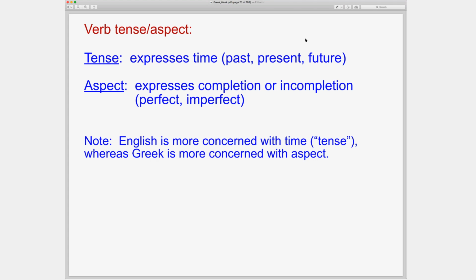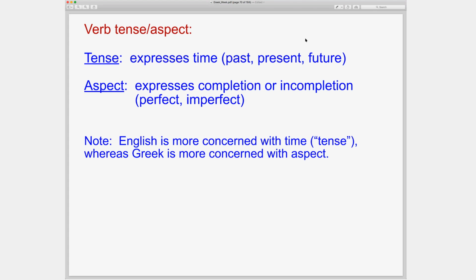Okay. Tense and aspect. Tense, as I said, expresses time: past, present, future. Aspect expresses completion or incompletion, normally perfect or imperfect. Now the tenses we're going to see are going to change. There's going to be a different set of tenses as compared to English, you'll see. English is more concerned with time.